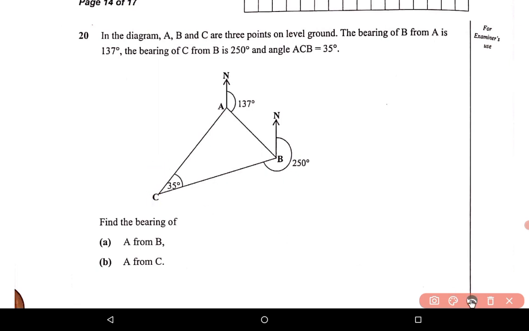We draw that nicely. So this is north. From C going to A, they want us to find this angle that is here. So remember here we found what? 67.